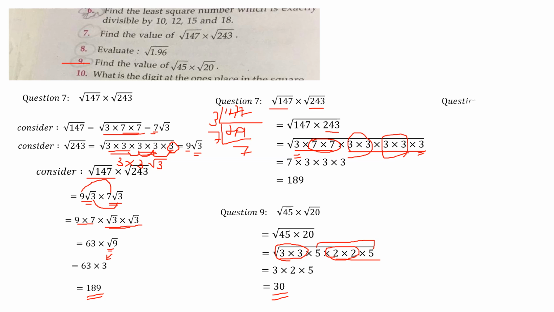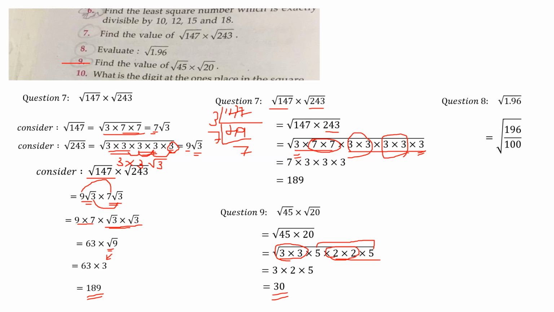Now coming to the 8th question, we have the square root of 1.96. It is in decimal form. Let us write it in rational form, that is fraction form: square root of 196 divided by 100, since there are two digits after the decimal point, we divide by 100.